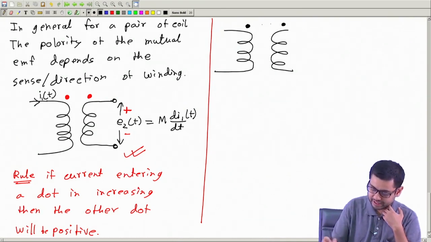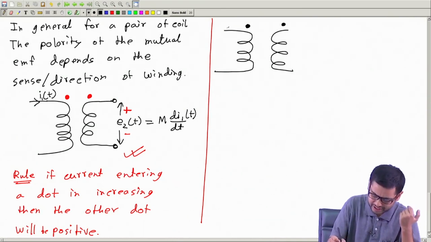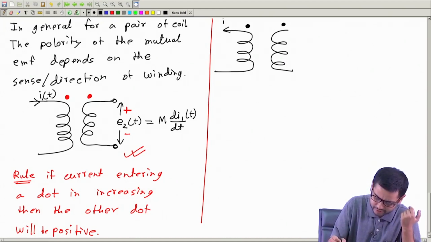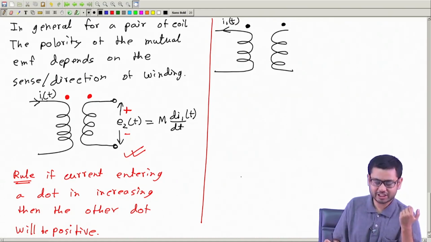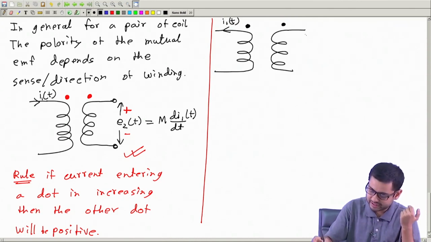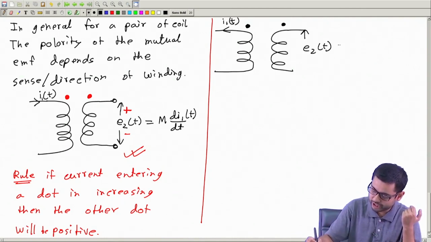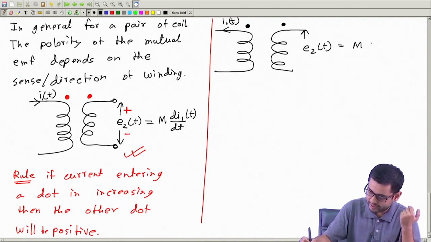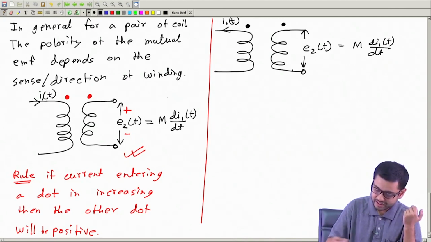And now these dots are like this, which means if say I choose I1t in this direction, if this is the reference direction of I1t, then the EMF induced here E2t will be, of course, m multiplied by di1t dt, and the direction of this EMF will be this side positive, this side minus.